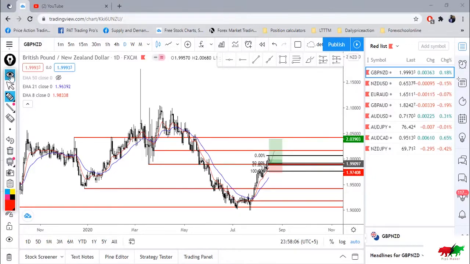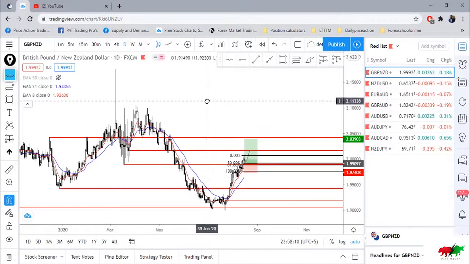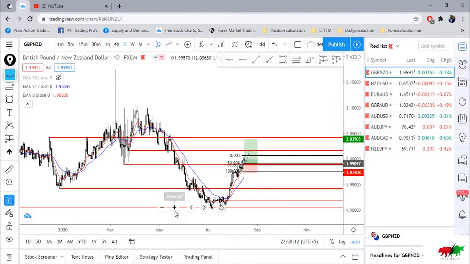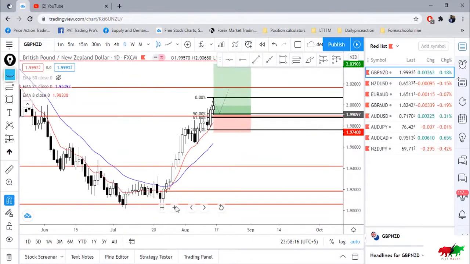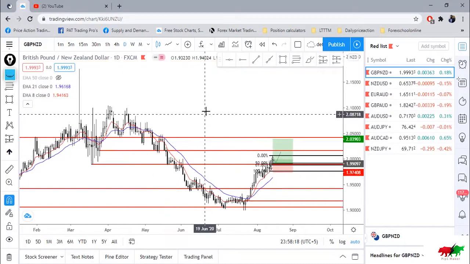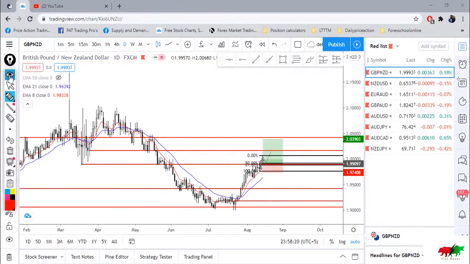First, we have GBPNZD in our list, and we are on the daily chart as we can see. What I want to show you is that this is the resistance support here, which was once a support.